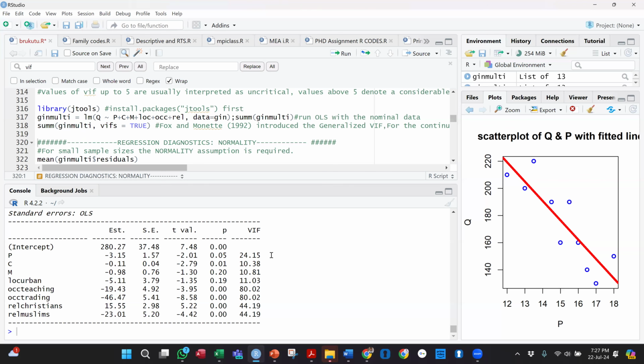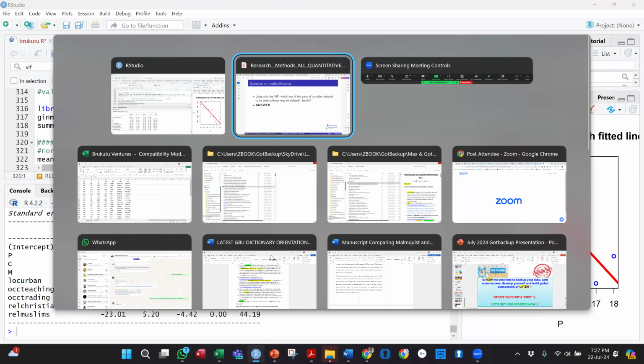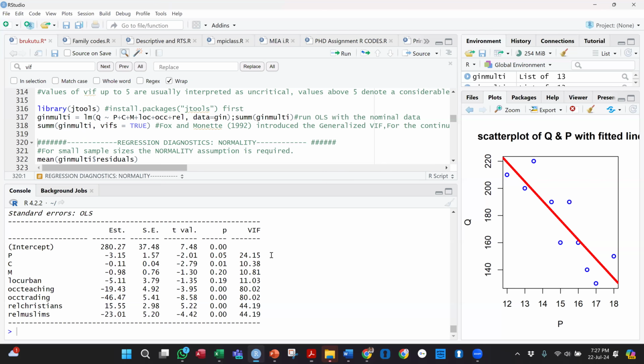So the variables that we selected to be multicollinear, these variables that we selected. Remember the first one was price and OTR? Is that it? I think so. So if you look at OTR, OTR is occupation teaching, occupation trading.